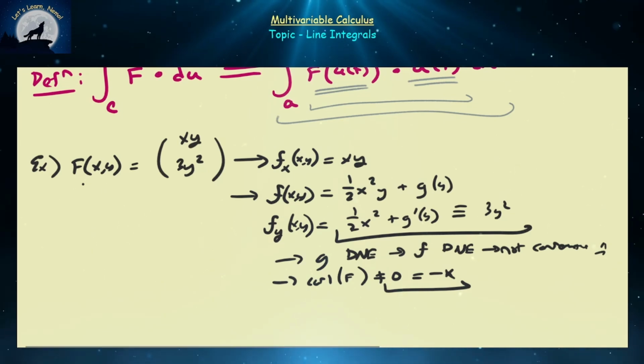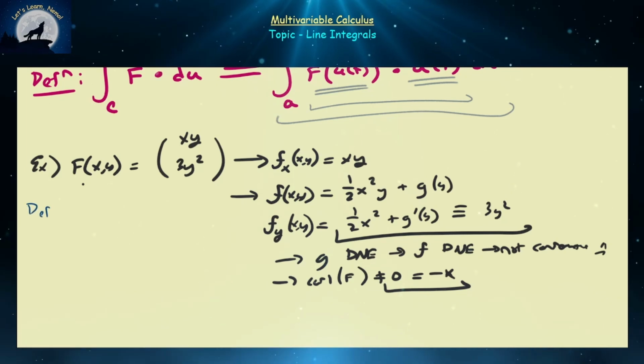All right? So if that is the case, then what do we have? Let's find the parameterization of some path. Let's just choose our path C, because we can traverse this vector field along any path.